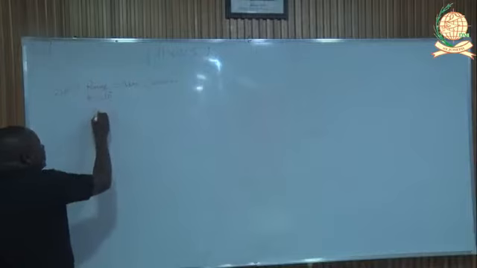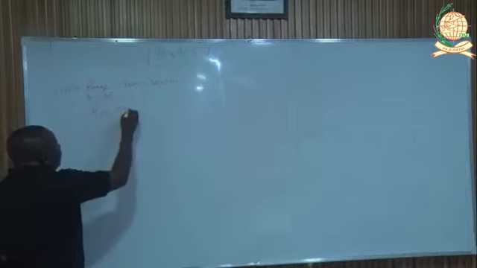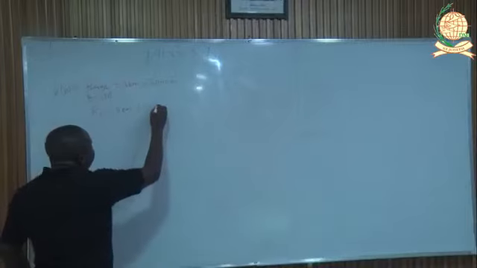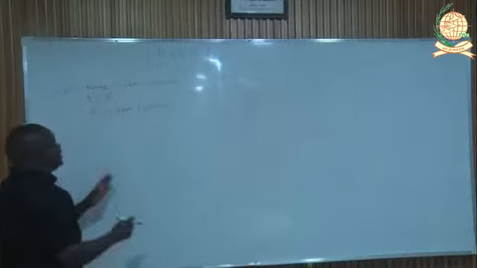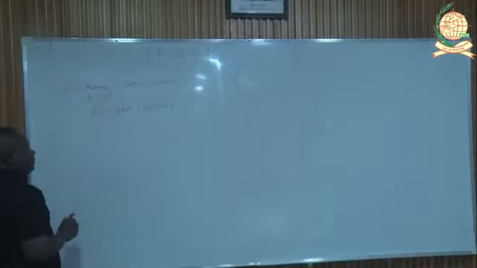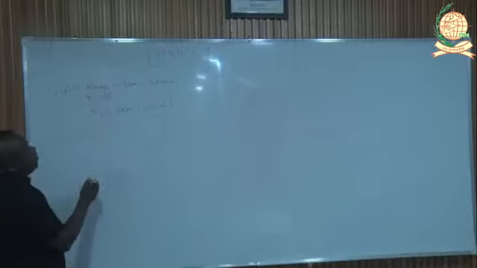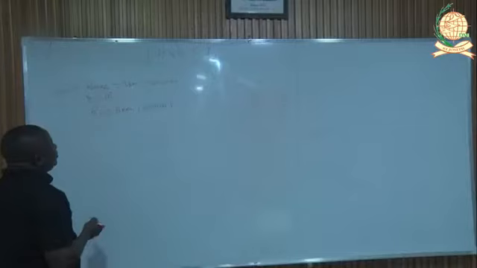That means, can we achieve a 5-kilometer range, equivalent to 5,000 meters, by just changing the angle? That is the question. So, first of all, by using the given range, we can find the initial velocity.